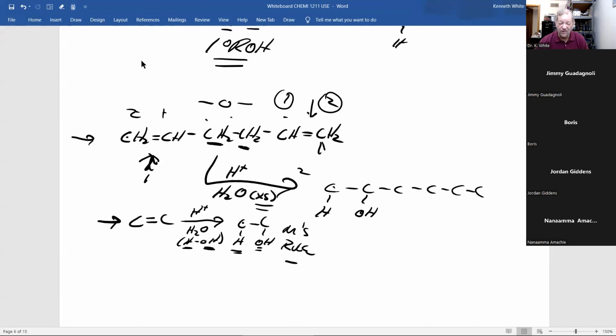The hydrogen will go to the carbon with the most hydrogens on that double bond, which is here. And the other carbon will get this hydroxyl group. And now I know there are 4 bonds to carbon.